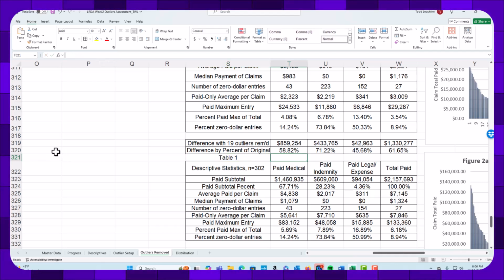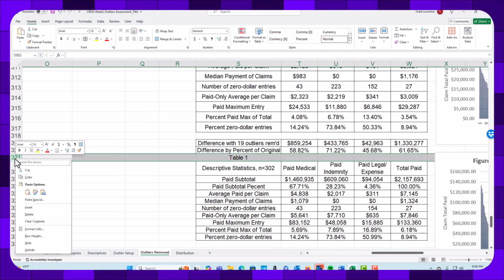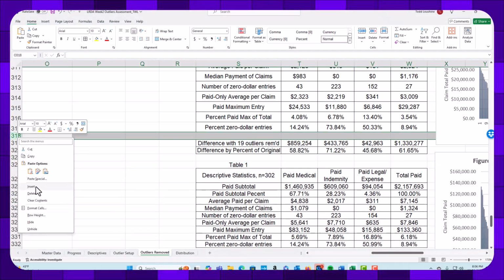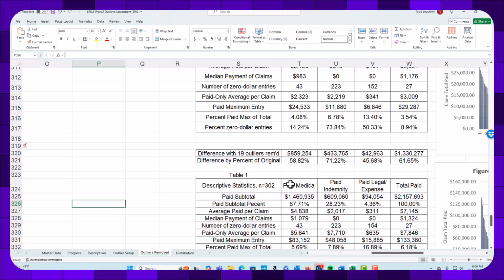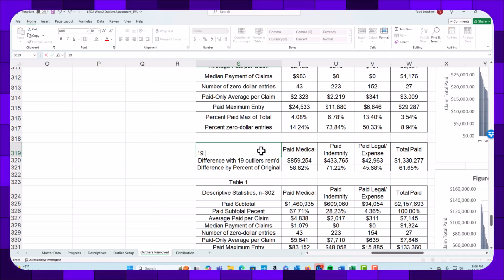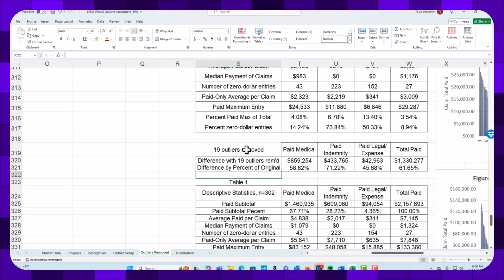Okay? If I wanted to do this correctly, I would go insert and insert, and I would probably... Okay, and then this would then indicate these are the 19 outliers removed. So that's what it is.